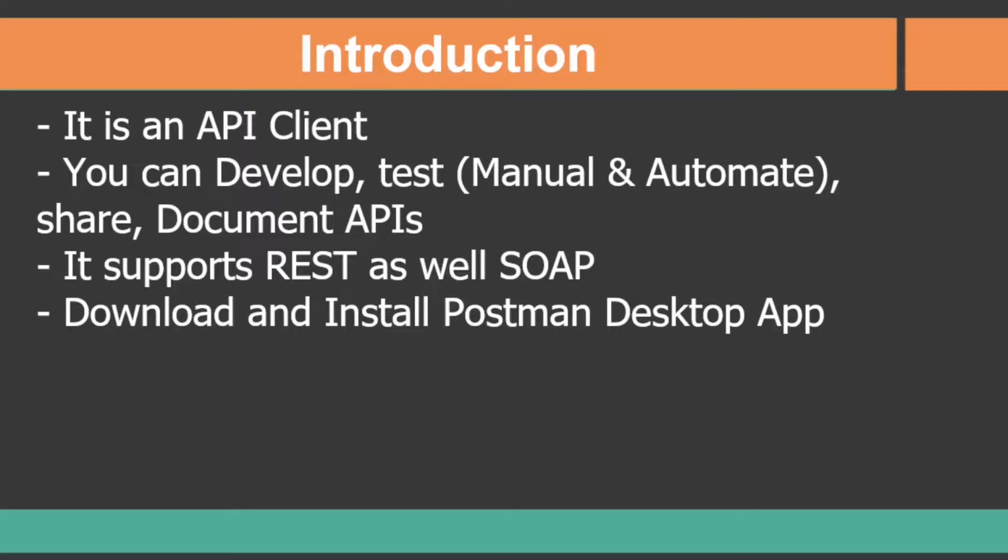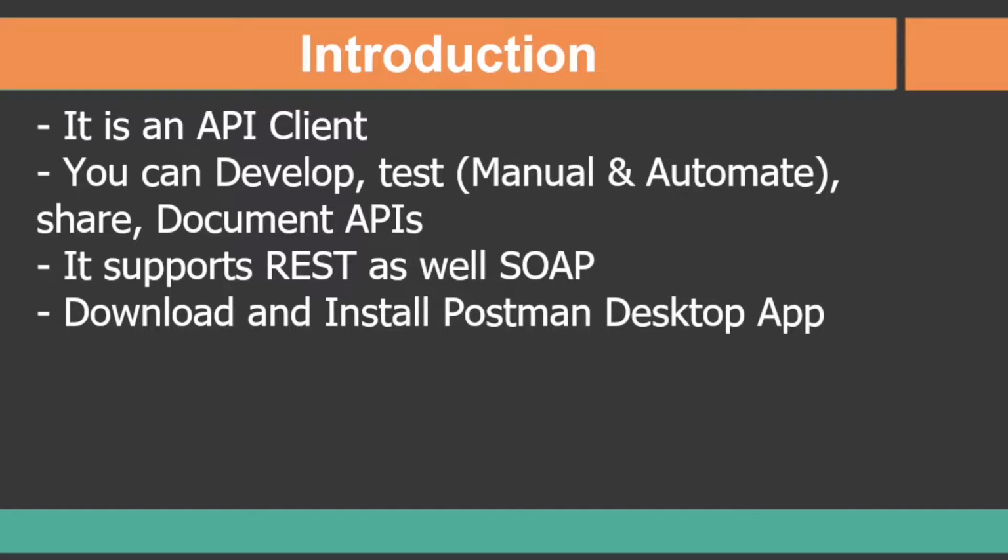And also you can share the projects that you developed in Postman, and you can document the APIs that you developed. It supports both REST as well as SOAP requests. And I'm going to teach you how we can download and install the Postman desktop application from the official website.